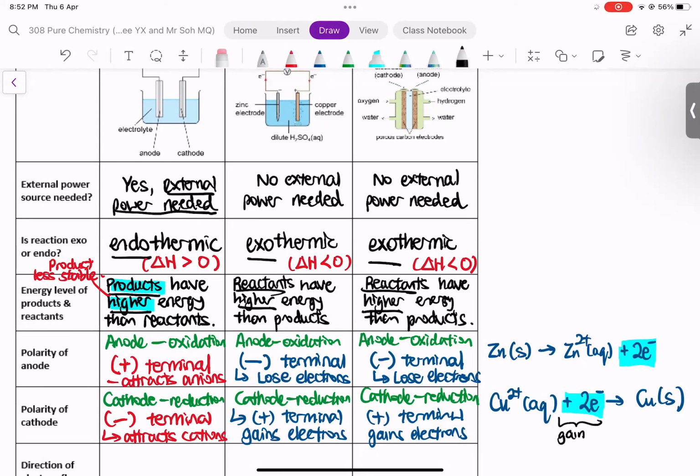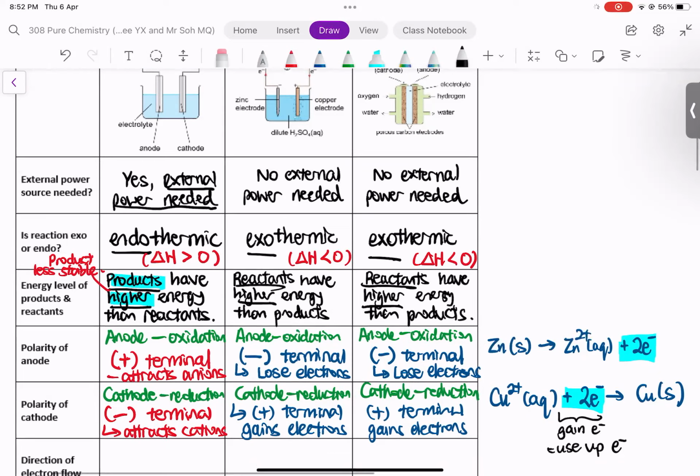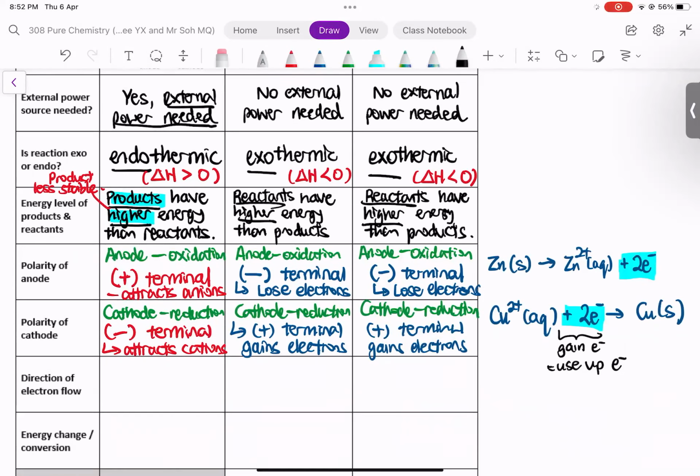Gaining electrons equals use up electrons. So electrons are being used up. Because electrons are being used up, the negative electrons are going away. If negative electrons are used up, it's positively charged because the negative electrons are going away. All right?